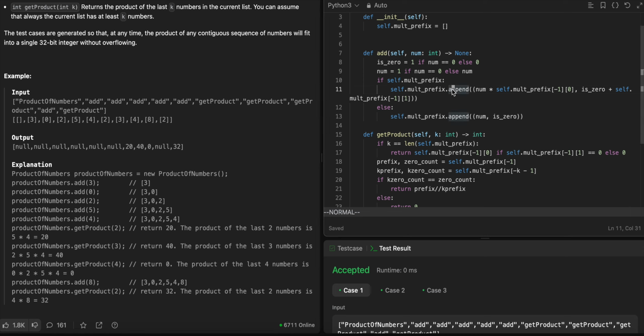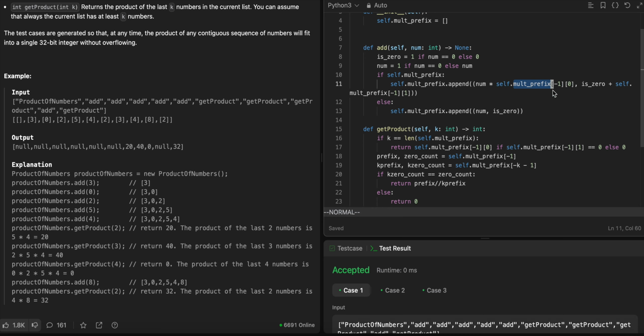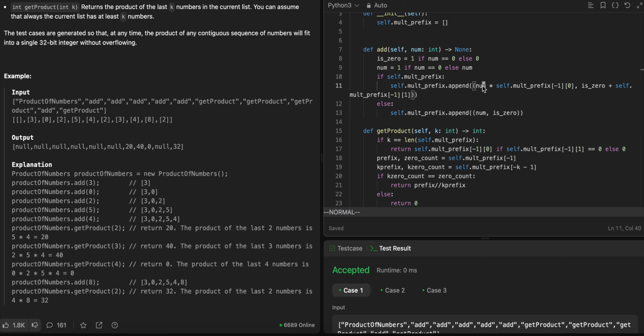So basically, I take the last prefix, because every entry is going to be a tuple. The tuple consists of the prefix and the number of zero counts. So if there's a number in the prefix, I'm going to take the last one, multiply it by nums as the first entry, and then increment the zero count, depending on whether this is a zero or not.